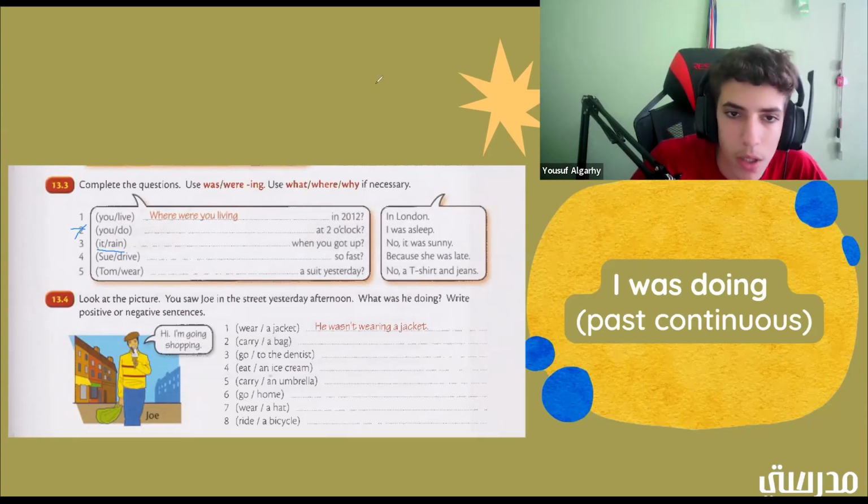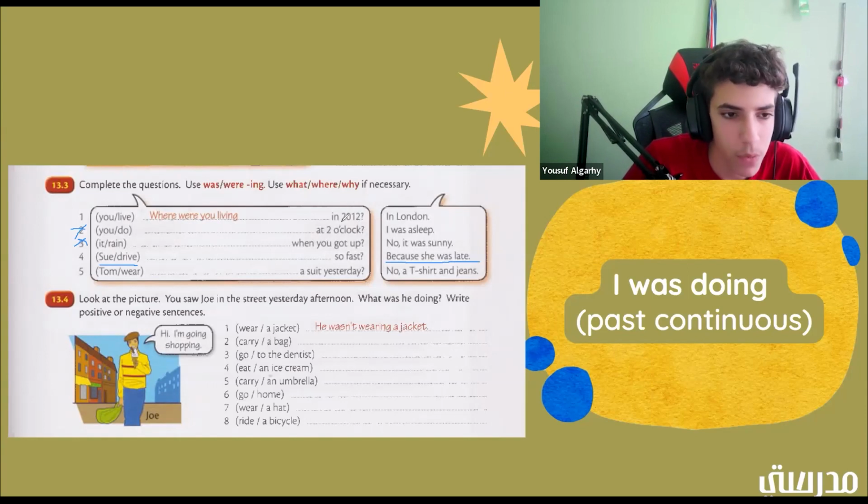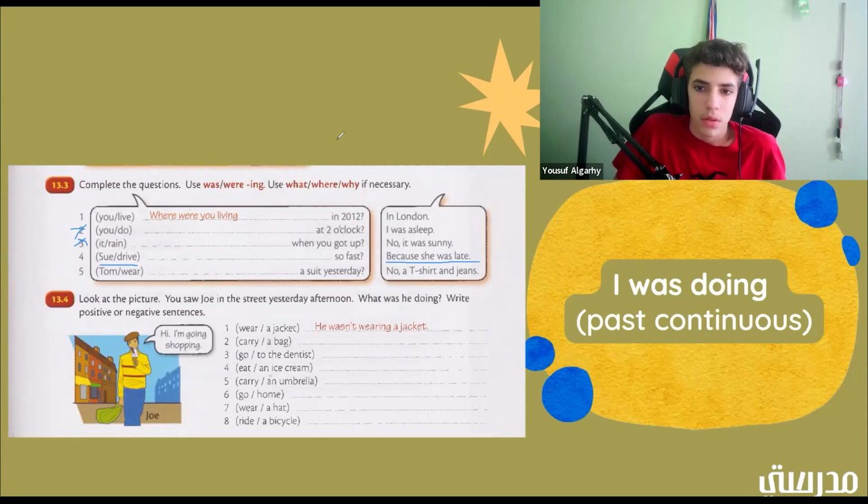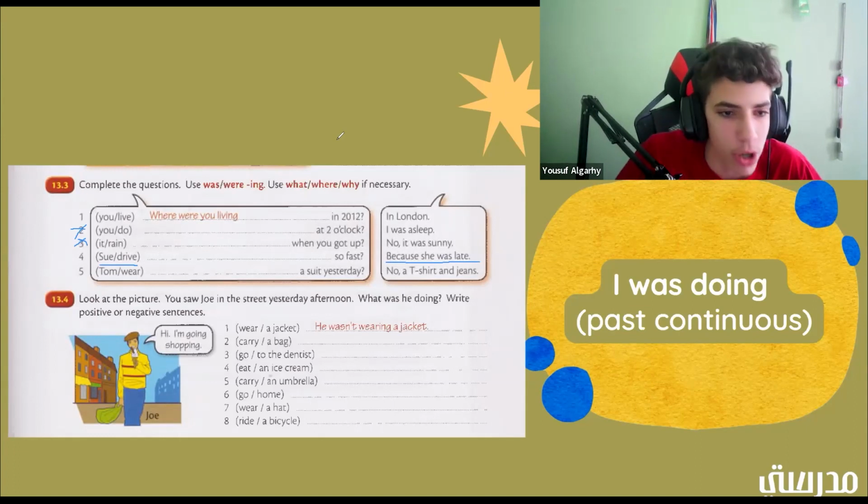And then no, it was sunny. Now we have Sue drive so fast, and the answer is because she was late. So this is a question. Why was Sue driving so fast? All right. Good job.